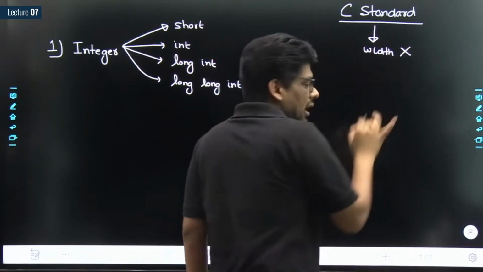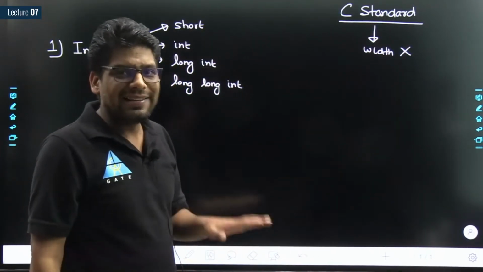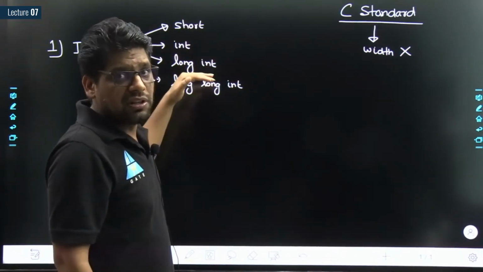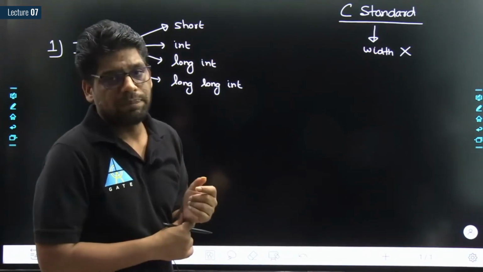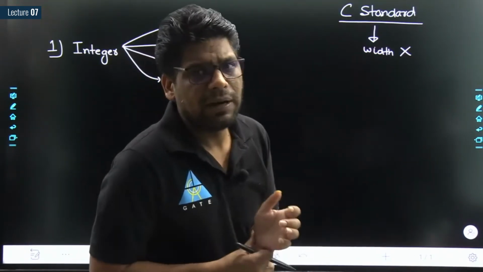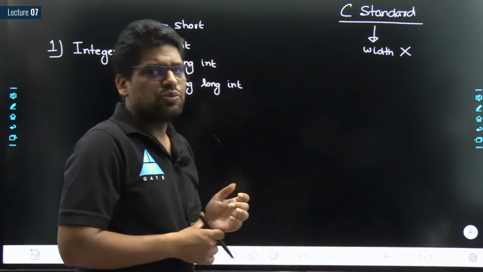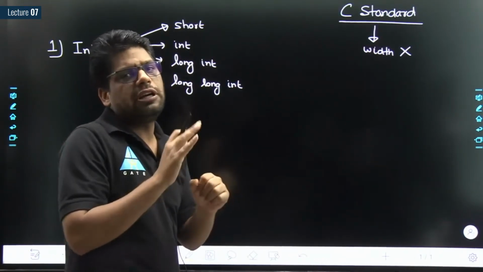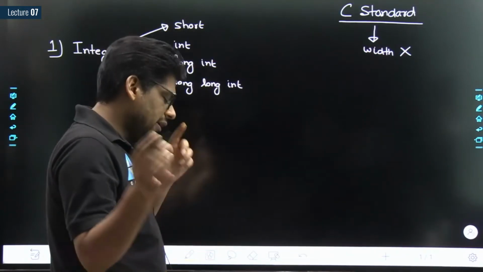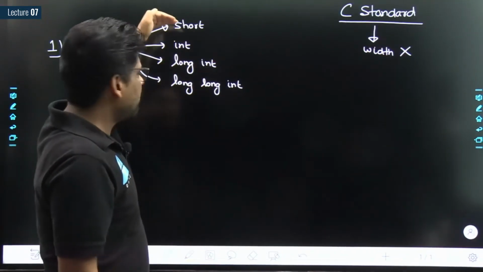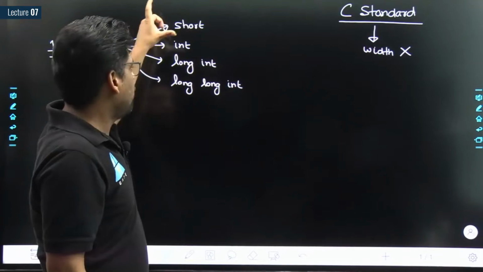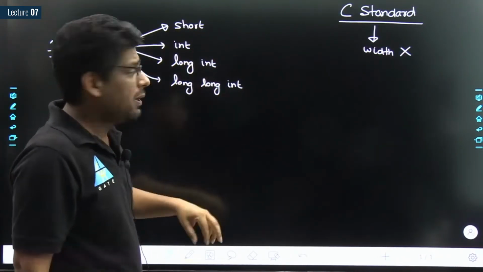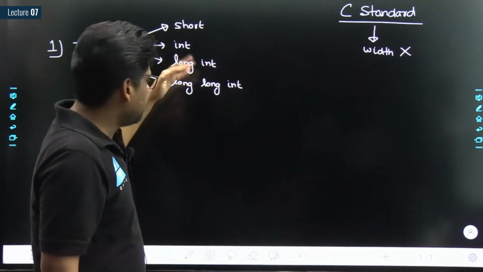No exact standard says what the maximum width of short is, but it tells one thing: the minimum size of a data type. For example, in a typical implementation, the minimum width of short is 16-bit. The minimum width of int is 16-bit. Minimum is 32.